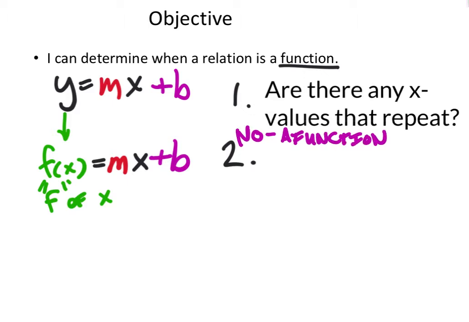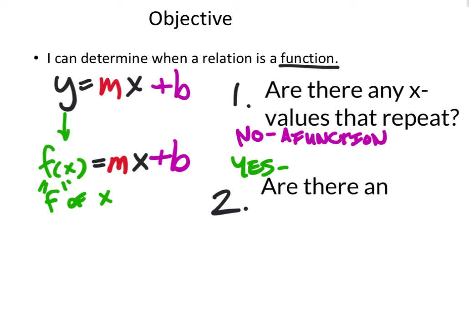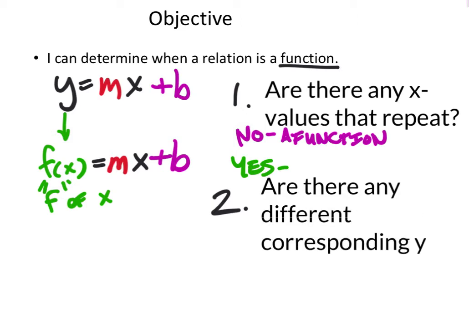All right, I'll give myself some more space here. If the answer were yes, there are x values that repeat, then we go to question 2 here, all right? So question 2 is, are there any different corresponding y values?